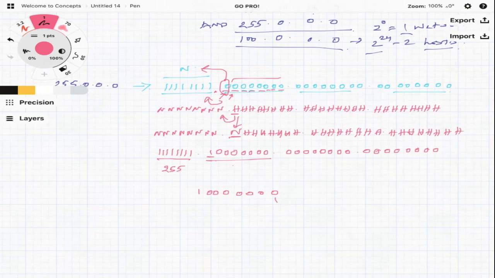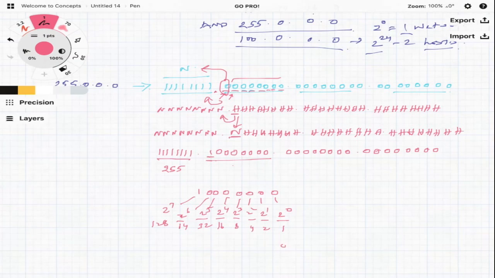This is the first place, so it starts from 2 power 0, this is 2 power 1, this is 2 power 2, 2 power 3, 2 power 4, 2 power 5, 2 power 6, 2 power 7. Now 2 power 0 is 1, 2, 4, 8, 16, 32, 64 and 128.